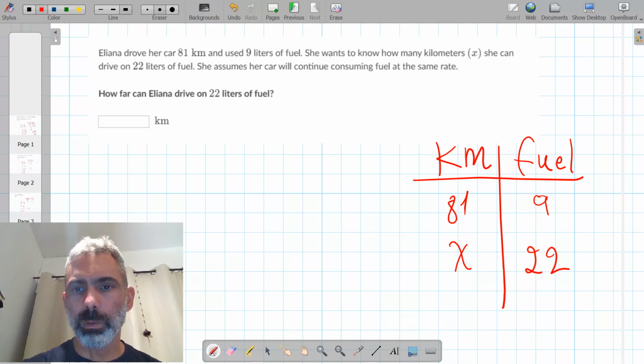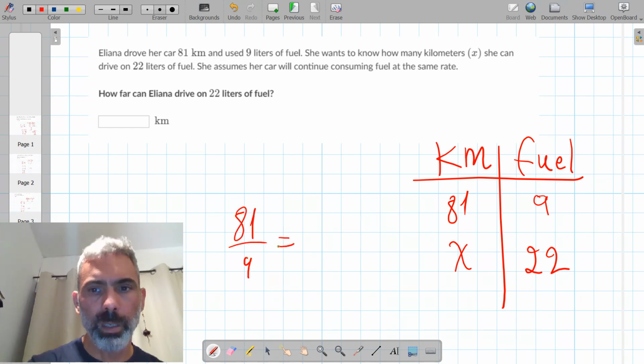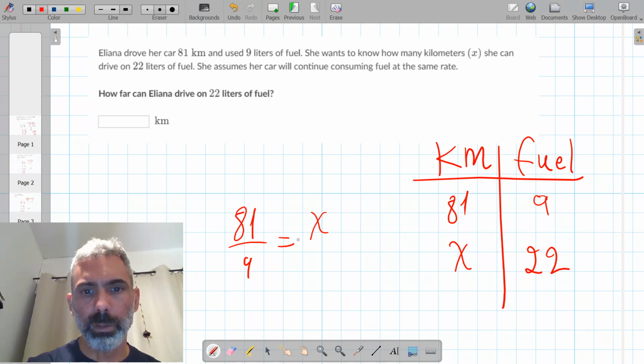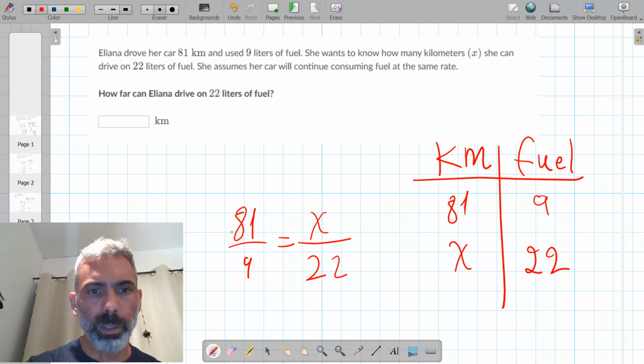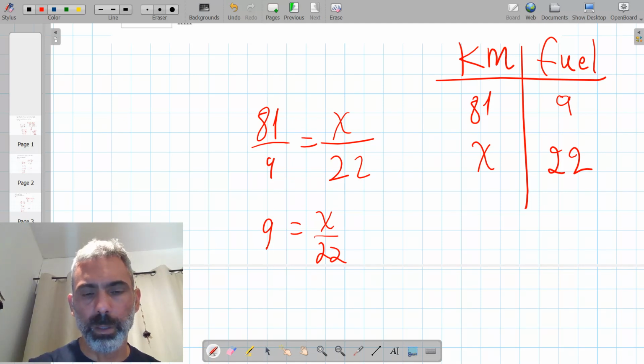Okay, so the relationship between 81 kilometers and 9 is the same as the relationship between the unknown amount of kilometers to 22 liters of fuel. So I can simplify this. 81 over 9 is 9, equals x over 22. And now I multiply both sides of the equation times 22 to isolate the x.